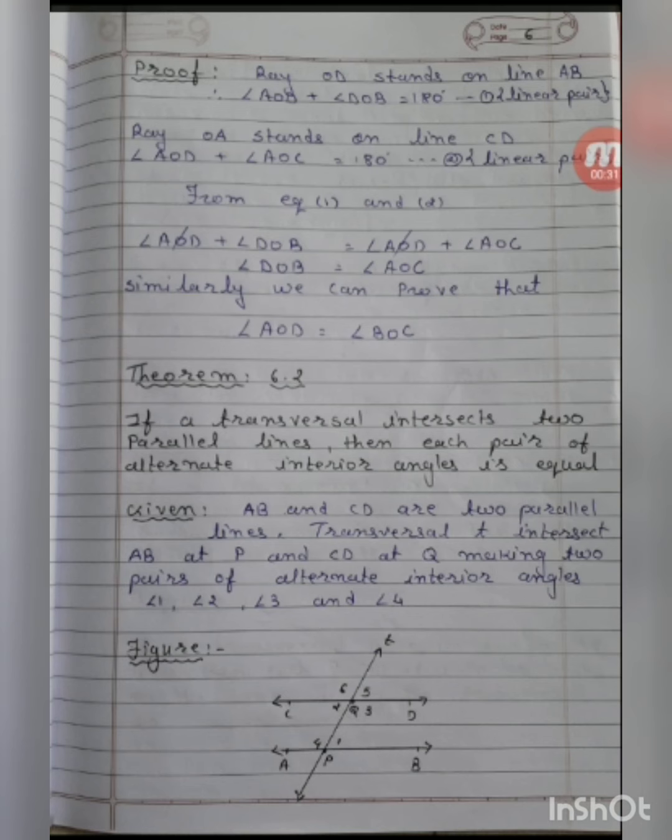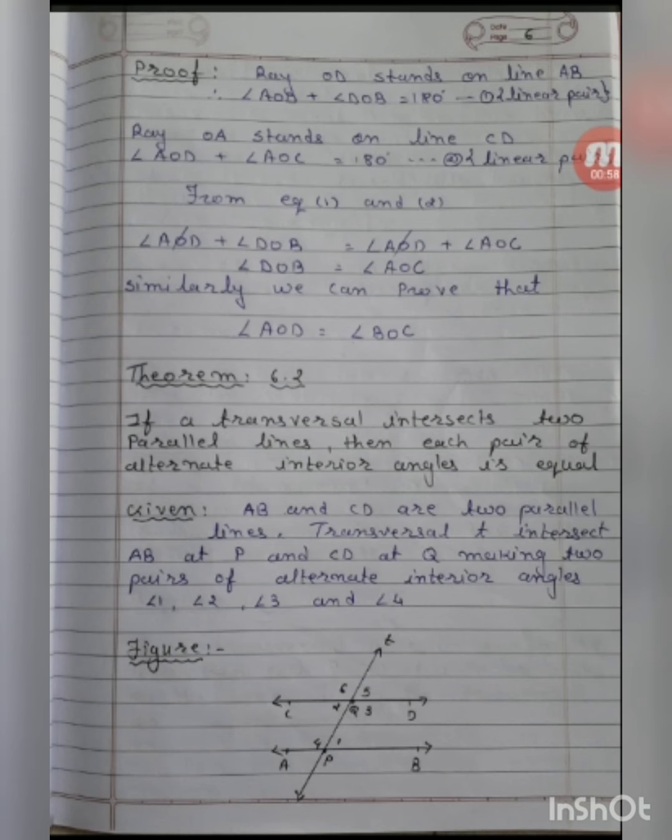First I read the statement: if a transversal intersects two parallel lines, then each pair of alternate interior angles is equal. Given: AB and CD are two parallel lines. Transversal T intersects AB at P and CD at Q, making two pairs of alternate interior angles, angle 1, angle 2, angle 3 and angle 4.